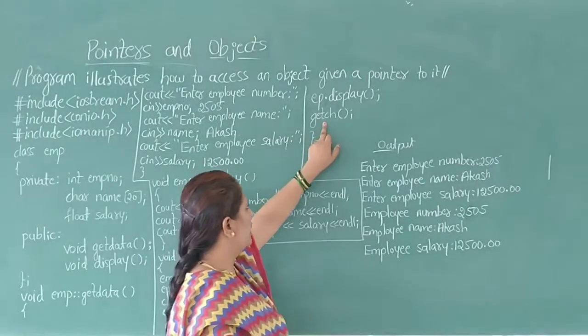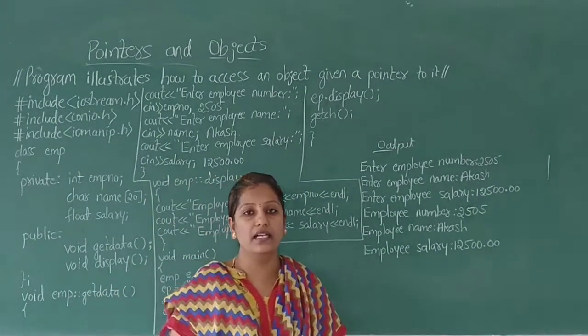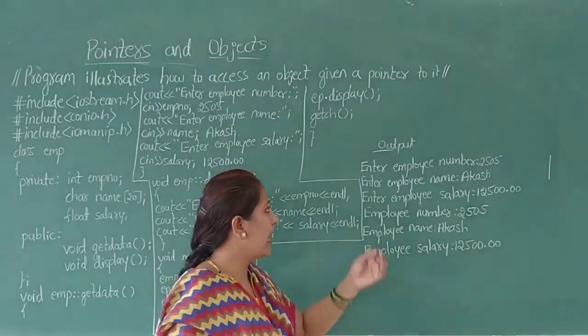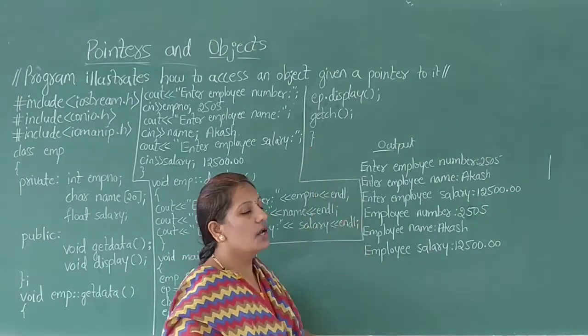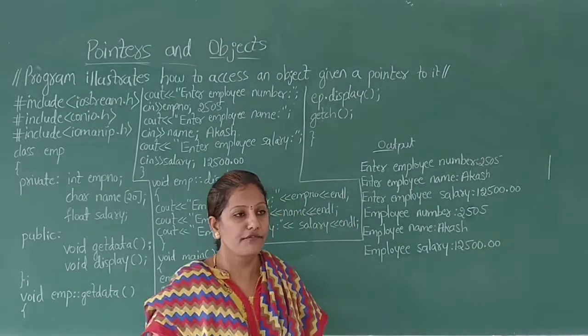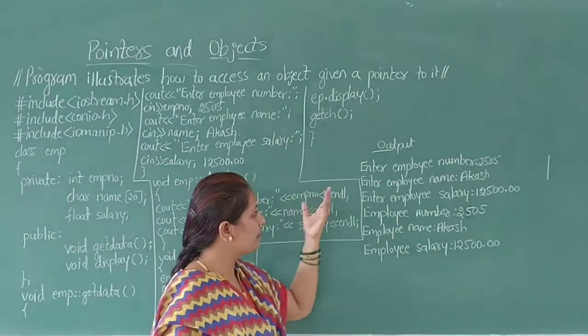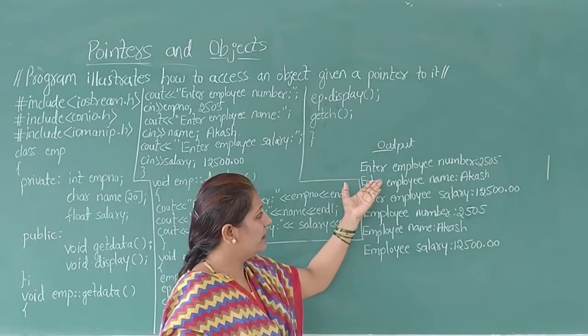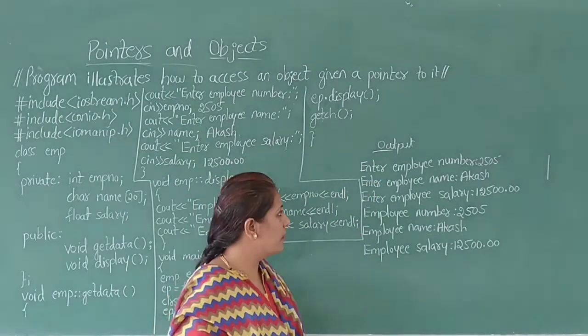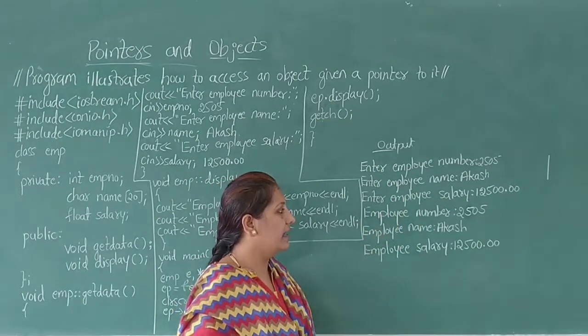The next function, getch, gets the character value from the output screen and ends the program execution and the main function. Okay, this is the final output of this program. First, it reads the values of employee number, employee name, and employee salary.